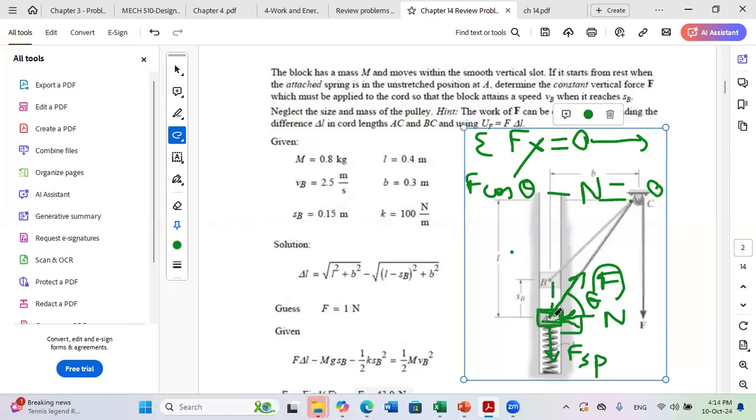So if I take its point of application on A, it will change angle with time. And then to find the work done by F, I need to perform integration. I need to relate S, variation in position, to variation in angle, which is really complex. That's why I need to think in another way.